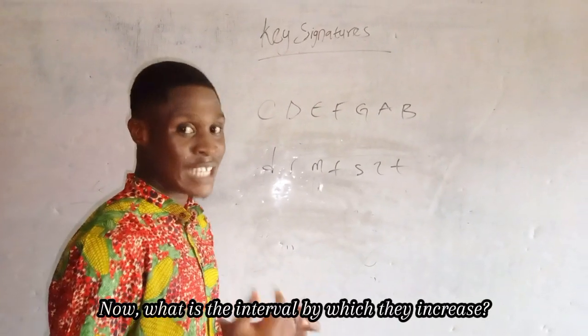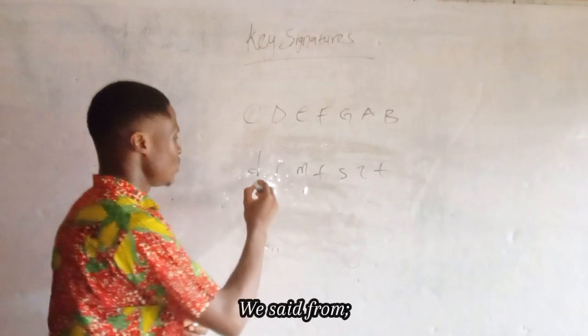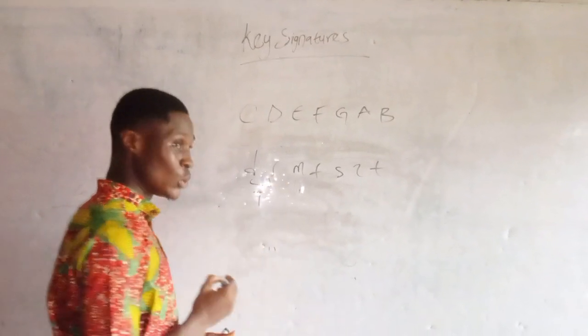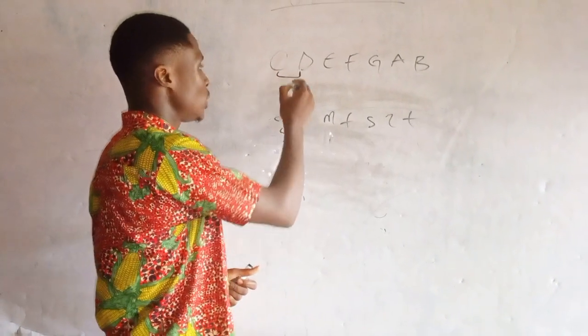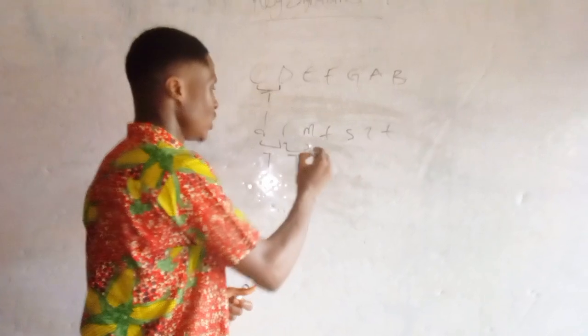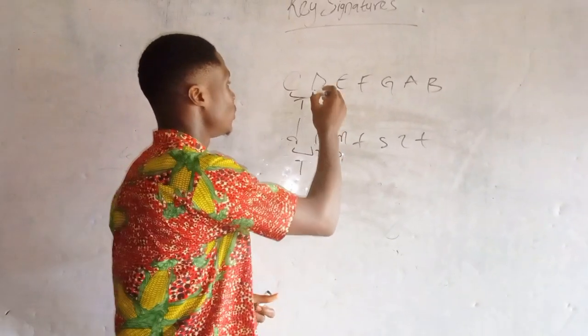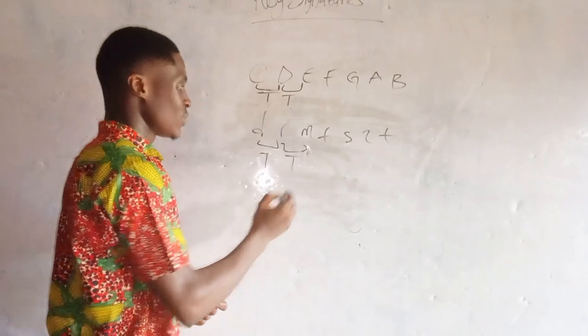Now, what is the interval by which they increase? We said from do to re was a tone in our last topic. From C to D is also a tone. From re to mi is a tone. From D to E is also a tone.